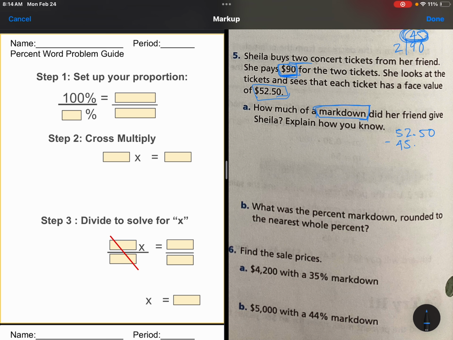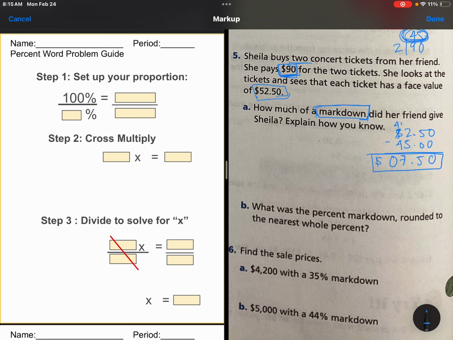Make sure you line up the points, very important. 0 minus 0 is 0, 5 minus 0 is 5. 2 minus 5, we can't do that, so I'm going to borrow. This becomes a 4, and this becomes a 12. So 12 minus 5 is 7. So we know the markdown was $7.50.